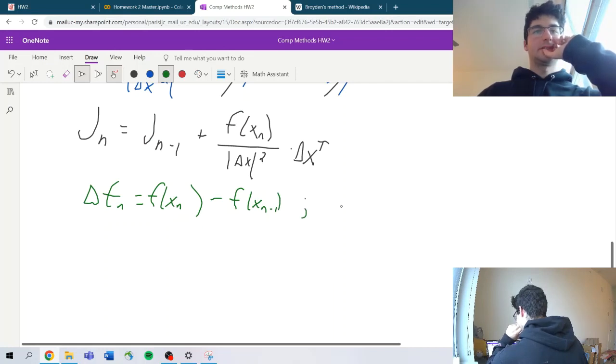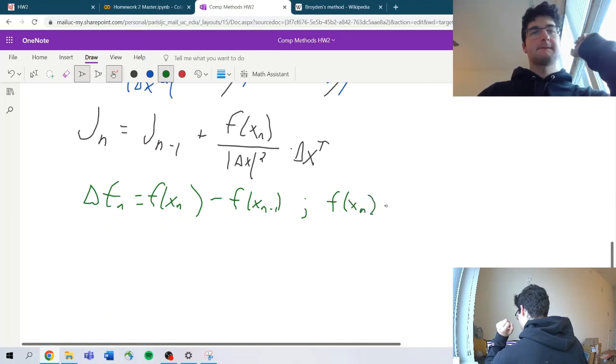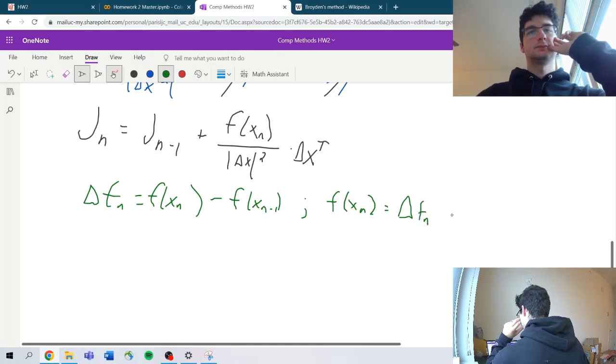And we're going to rearrange that to say our f of x to the n equals our change in the functions plus our f of x to the n minus 1.